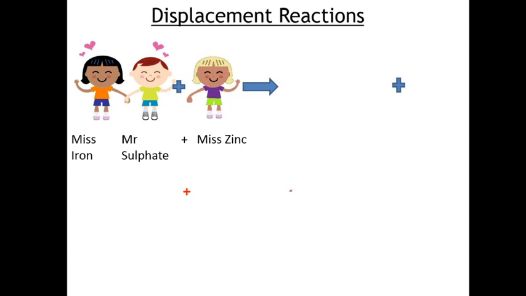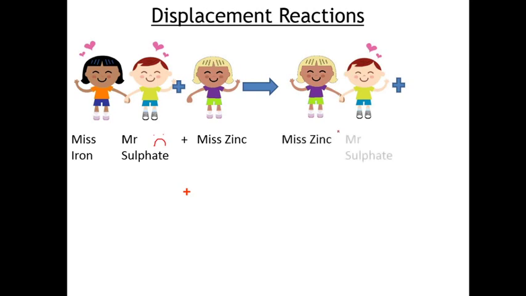Mr. Sulfate is a bad boyfriend. Mr. Sulfate is going to run away with Miss Zinc. Oh, look, they're in love. Isn't that lovely? But poor little Iron is left there by herself. Say it together: aw. Okay, again, just a silly example of explaining displacement reactions.